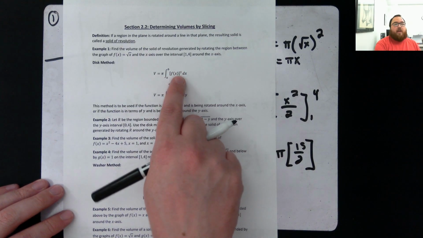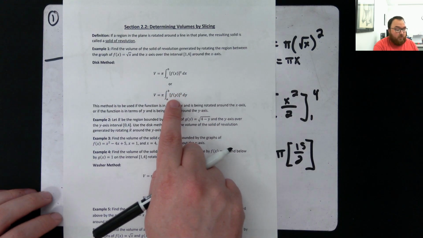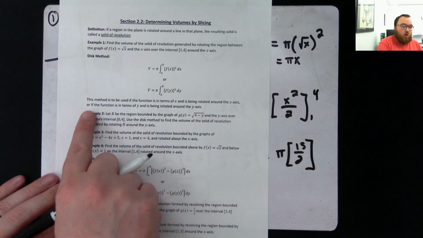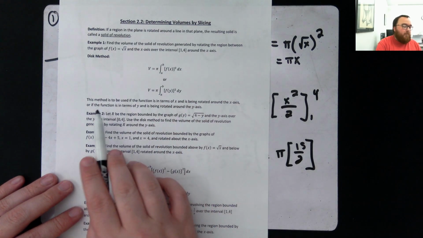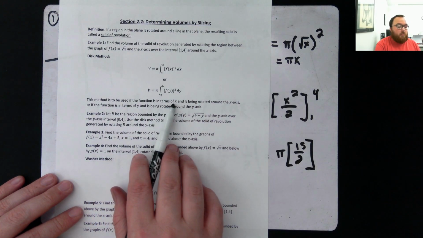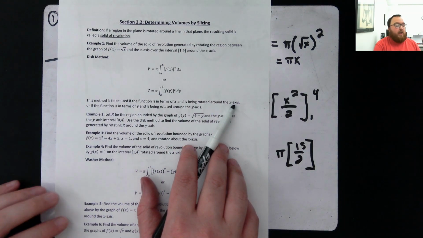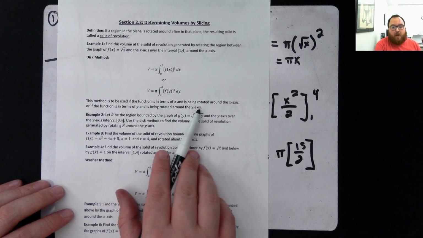Or I could write it like this, as a function in terms of y. But the key thing here, put like a star right here, highlight it, whatever you've got to do. This can be used if the function is in terms of x and is being rotated around x, or if the function is in terms of y being rotated around y.